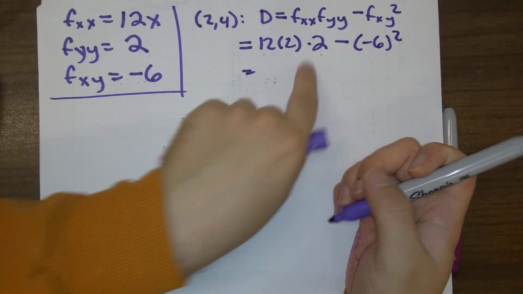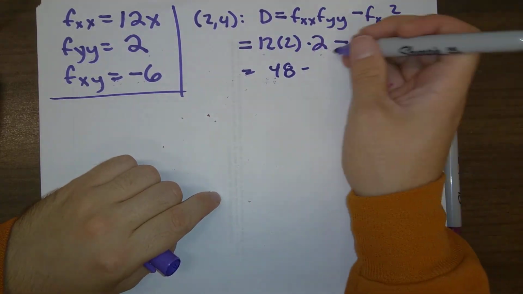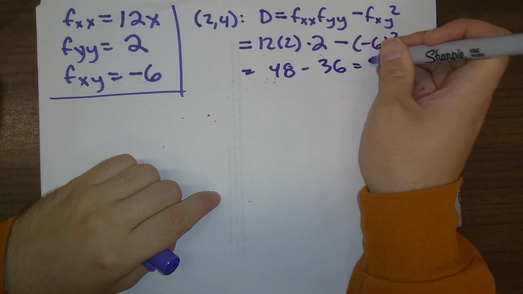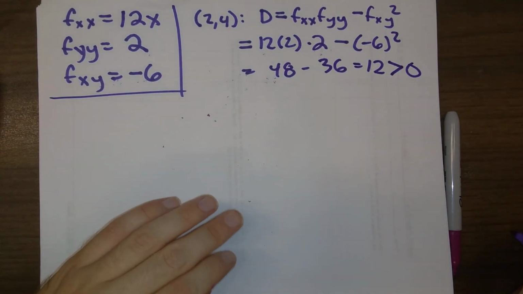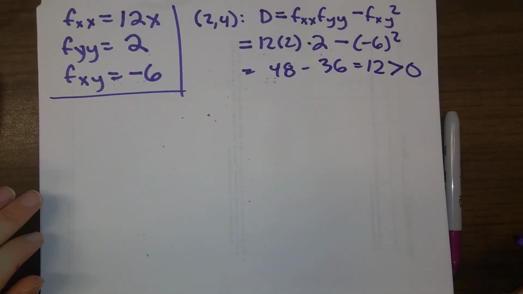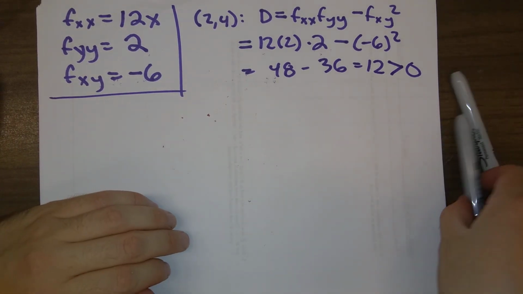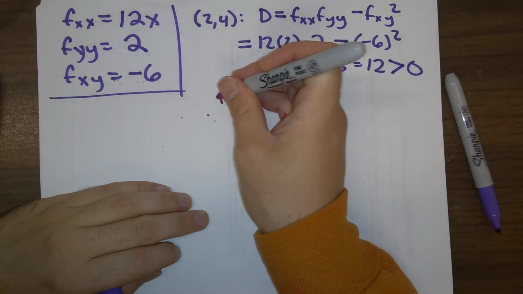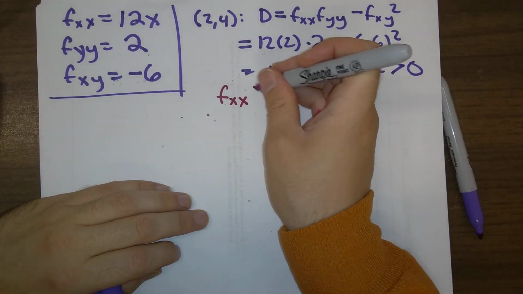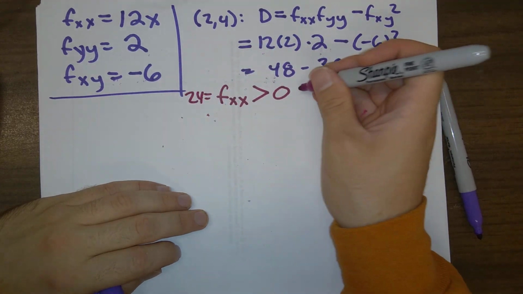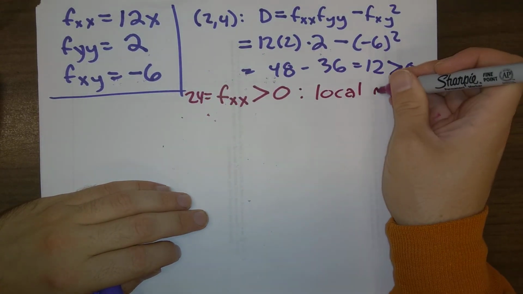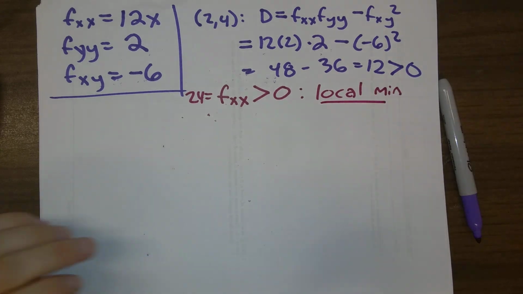That gives us 48 minus 36, so that's 12. 12 is positive, so we know we're not in the saddle point case. We're in either the local min or the local max case. And we see that fxx here is positive because it's equal to 24. So that tells us we just found a local min.